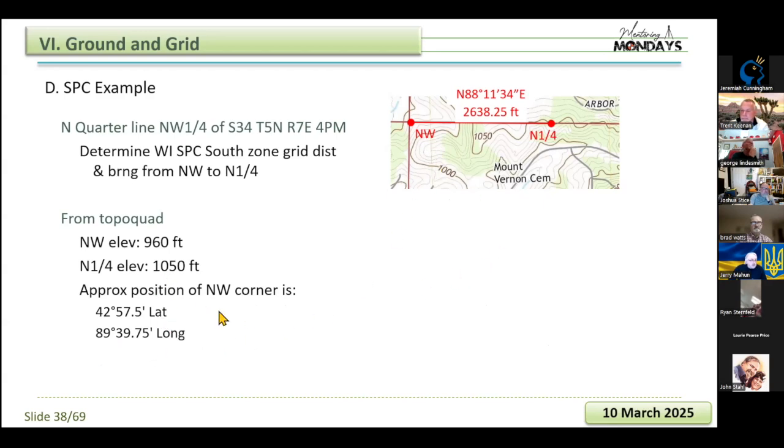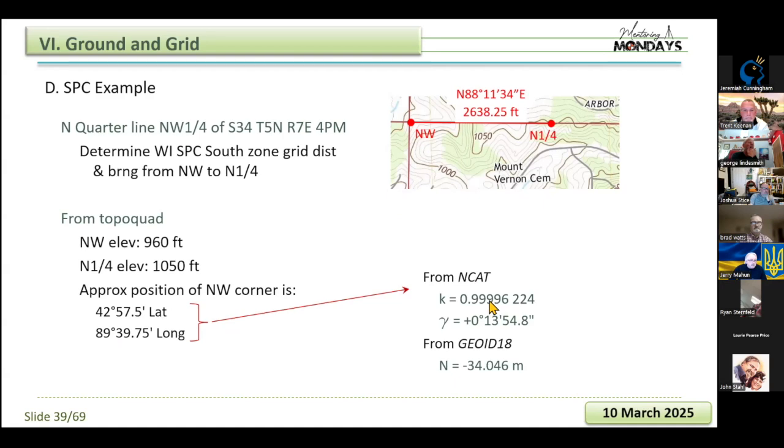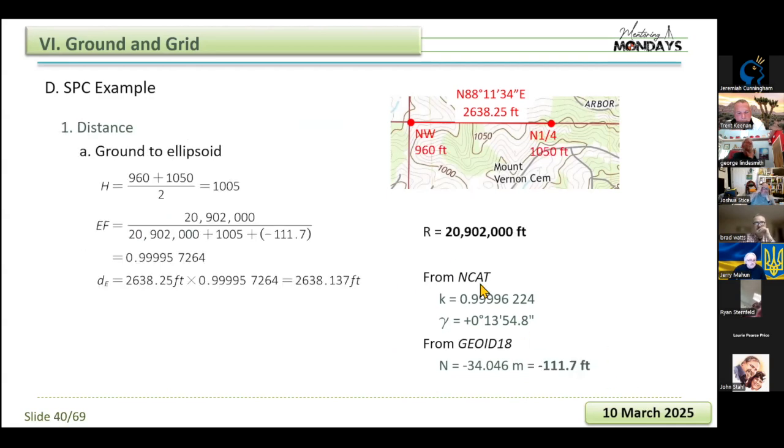We can run that information through NCAT, and that'll tell us what the scale factor is for the state plane coordinate at that location and what the convergence is. And if we run it through Geoid 18, it tells us what the geoid height is at that point, negative 34.046 meters. And we basically have the information that we need now to start reducing this.